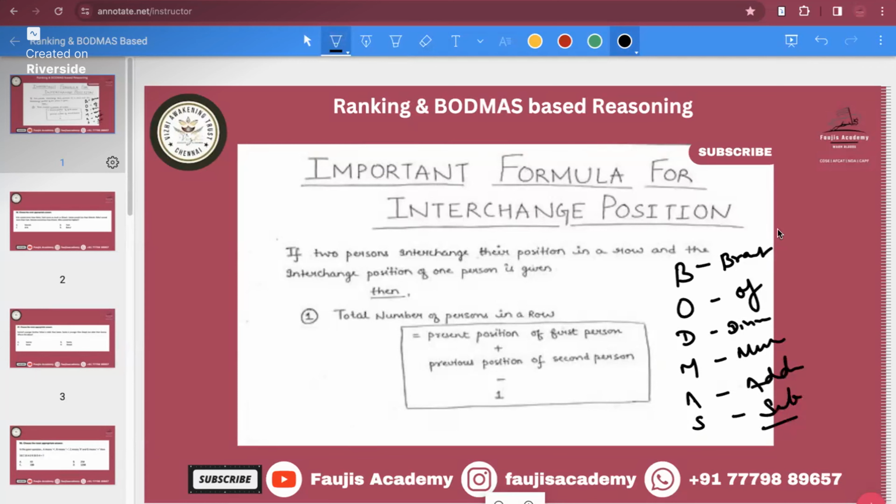In bracket again there will be three priorities. The first one will be this, then the second one will be this, and the third one will be this. And of is nothing but multiplication, but if of and multiplication both come, you first do this and then you do this.